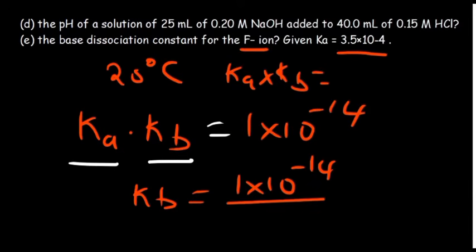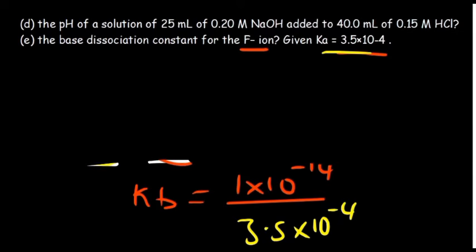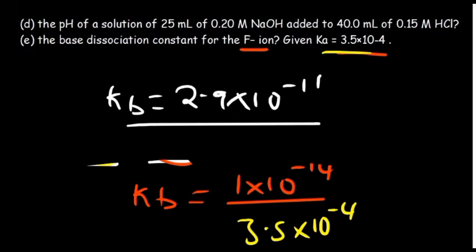So you divide by the value of Ka, which we've been given, 3.5 times 10 to the power negative 4. After dividing, what I'm getting is that Kb is equal to 2.9 times 10 to the power negative 11. So we found the value of Kb.